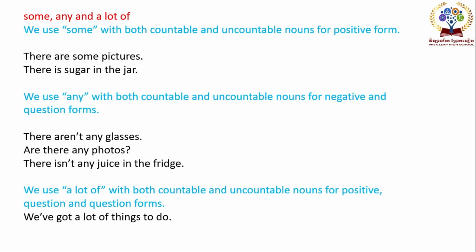There aren't any glasses, and you see this sentence is negative, right? And look at another one. Are there any photos? This sentence is a question. There isn't any juice in the fridge, and this sentence is singular.